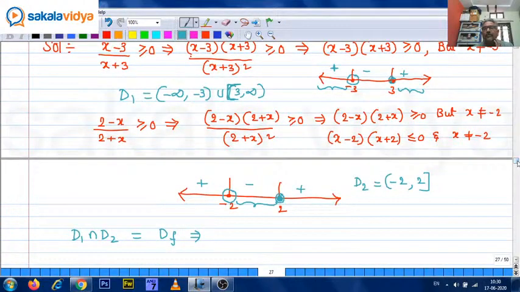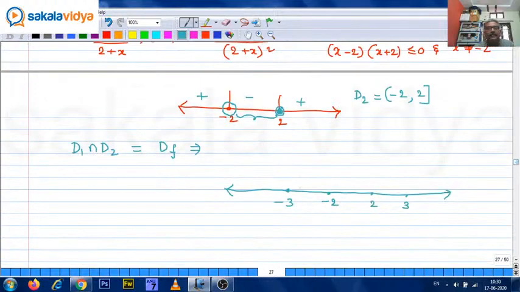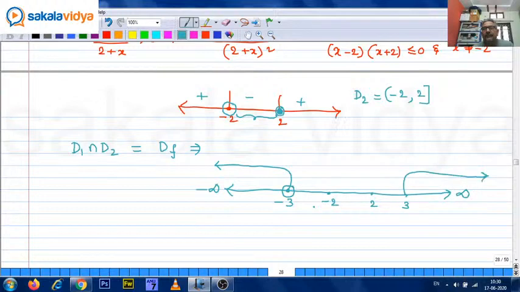minus infinity to minus 3. Here, this is minus infinity, so this is not included. Next 3 to positive infinity, here to here, 3 is included, right?